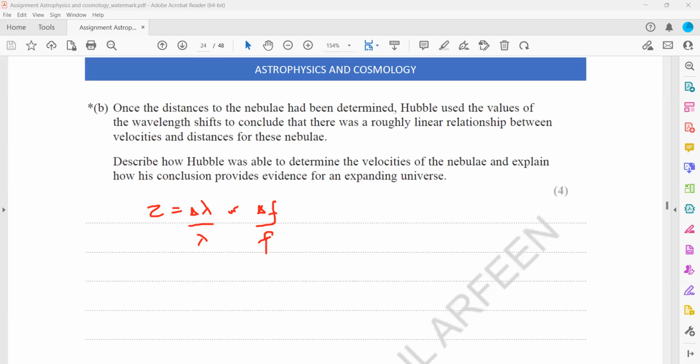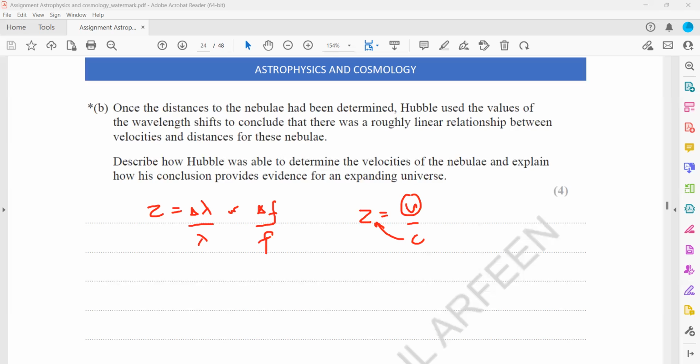So we observe what frequency we receive from the stellar object, compare that with what we get in the lab, and see how much the wavelength or frequency changes. From the Doppler shift we can find the speed of the galaxy, since z is equal to v by c. Multiplying by c gives the speed of the galaxy.